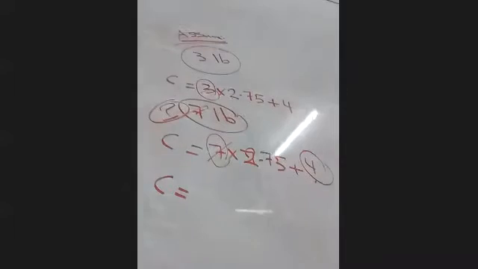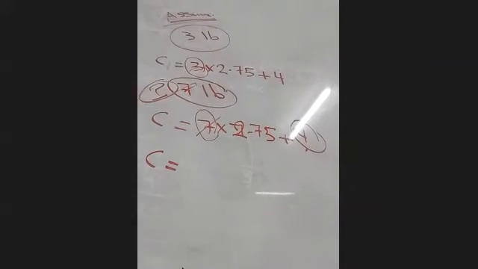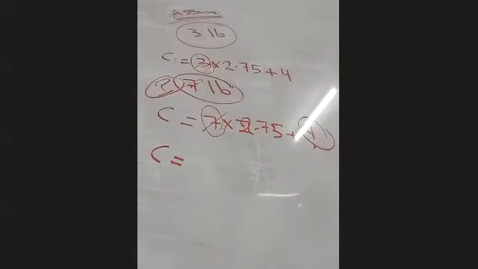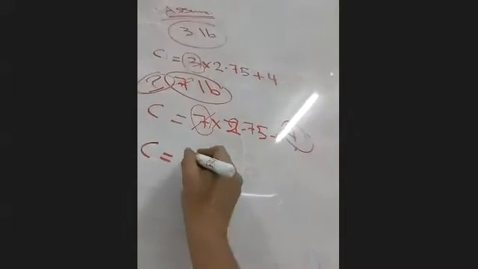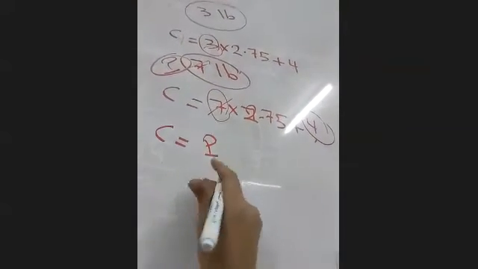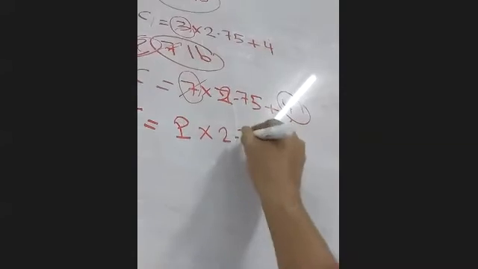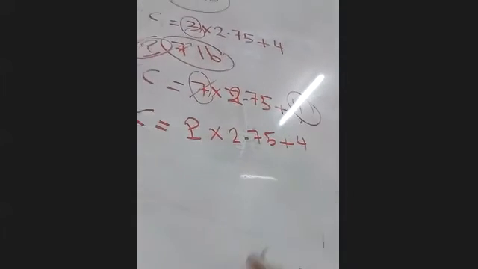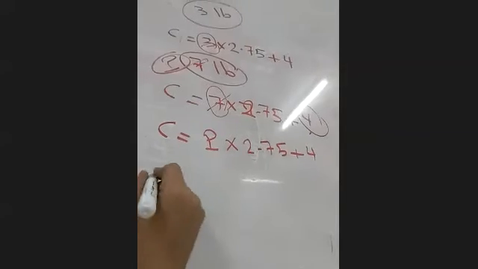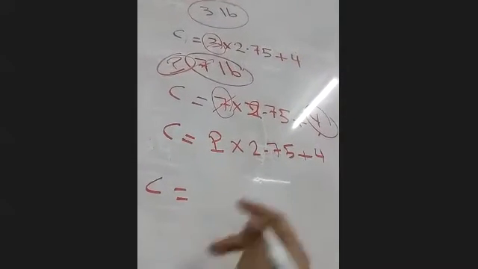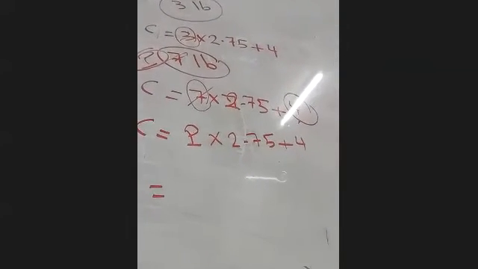P. What will the equation be? P, the number of pounds, multiplied by 2.75 plus what? 4. Right? Yes.